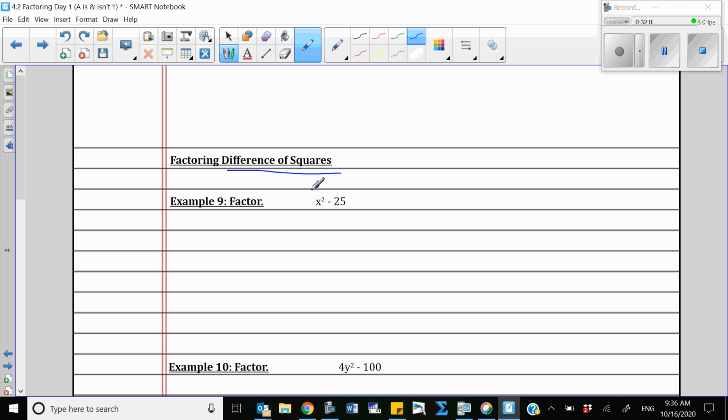What do we do in this case? Well, as always, the first thing is to find the GCF. Do we have anything in common between them? No. This is x squared, this one 25. They don't have anything in common. So what I do here is just write the factors of each of them separately. X squared is x times x. What is 25? That's 5 times 5.